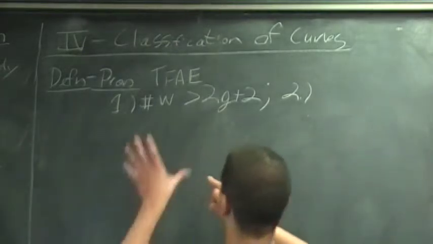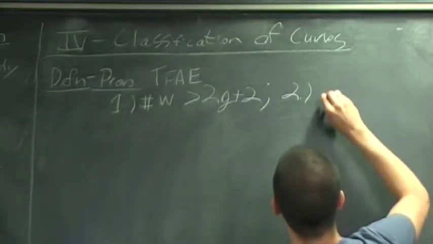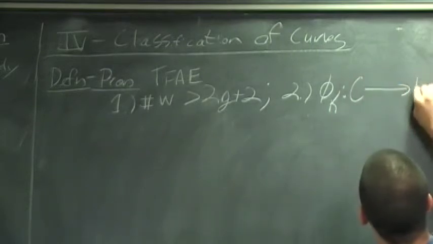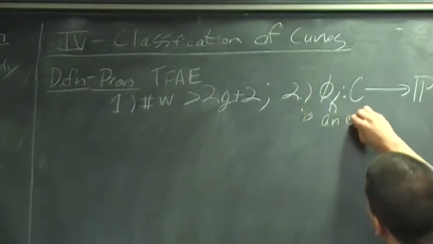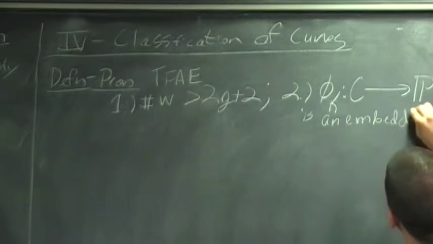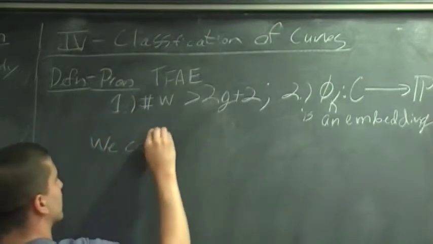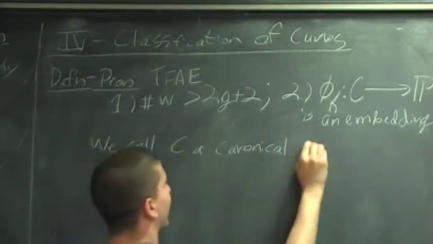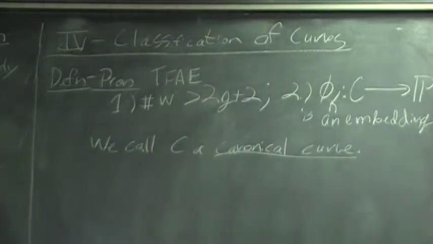But having more than 2g plus 2 Weierstrass points is equivalent to saying that the map that we get from the canonical divisor is an embedding. And in this case, we call C a canonical curve.